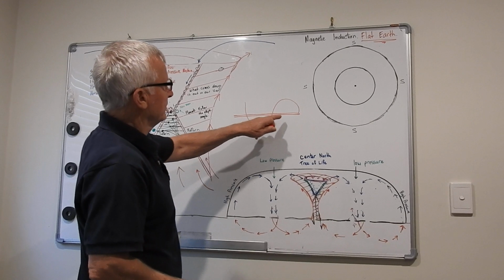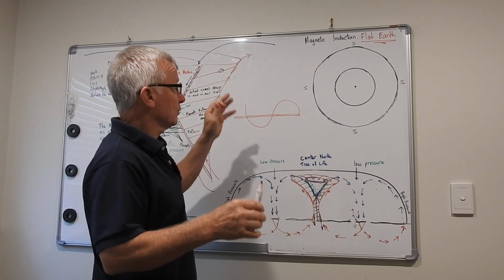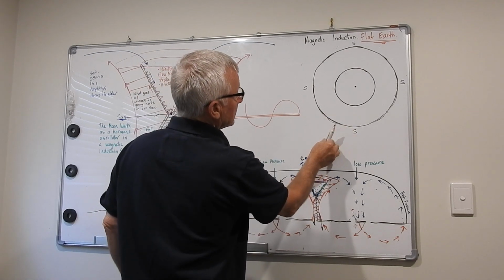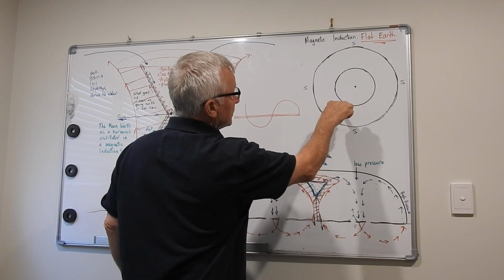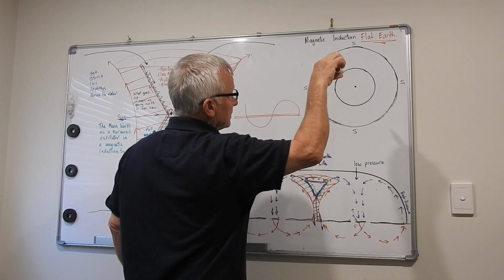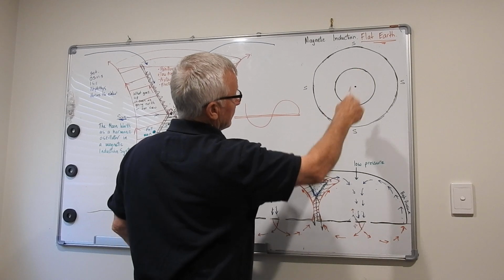That's the sine wave. When they try to put it on a spinning ball map or whatever, just ignore it. That's it there, and it works from here over to the tropics, down through the Earth, and back up out here, and vice versa.